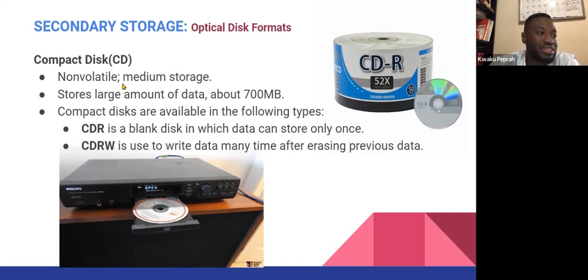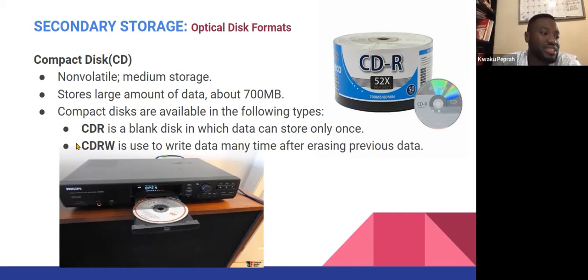They're non-volatile, medium storage, store a large amount of data, about 700 megabytes, and are available in the following types. We have the CD-R, which is a blank disk in which data can be stored only once.